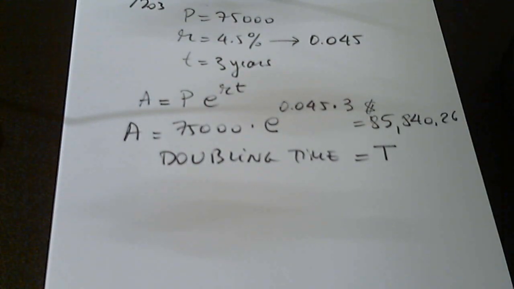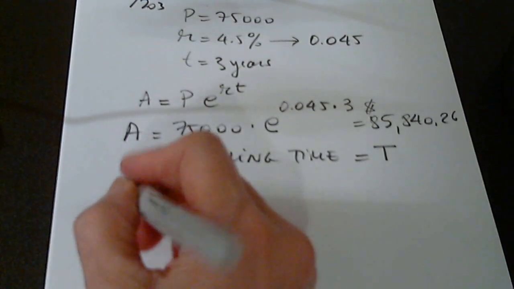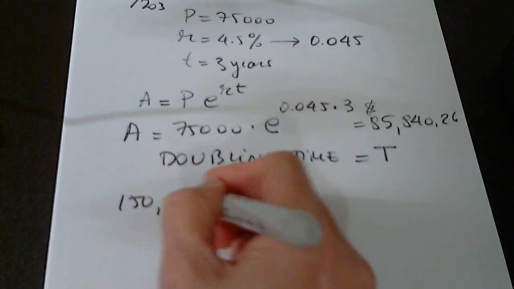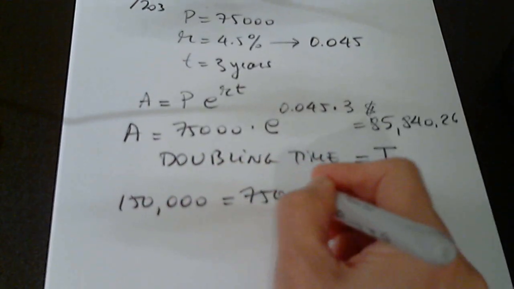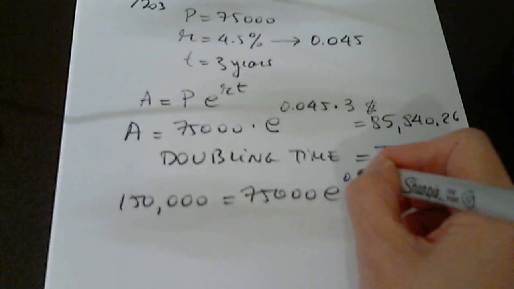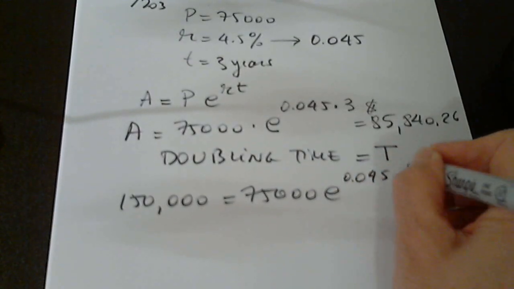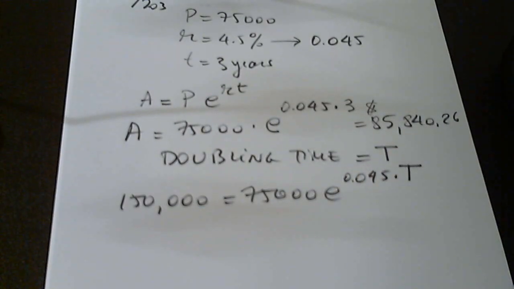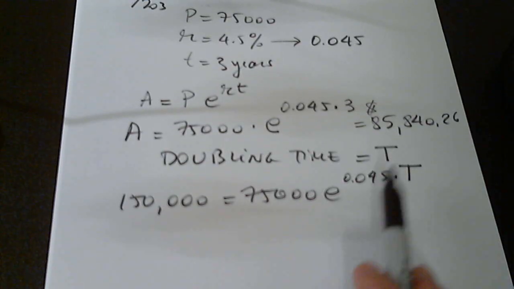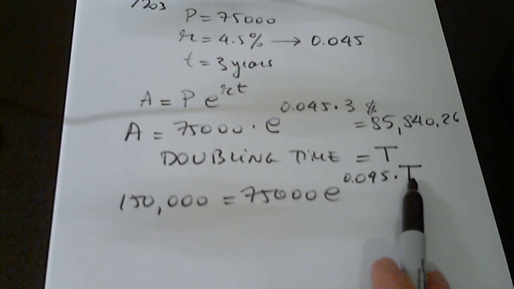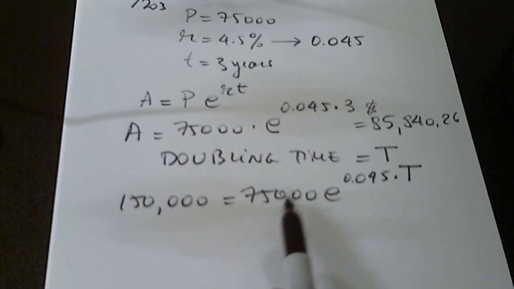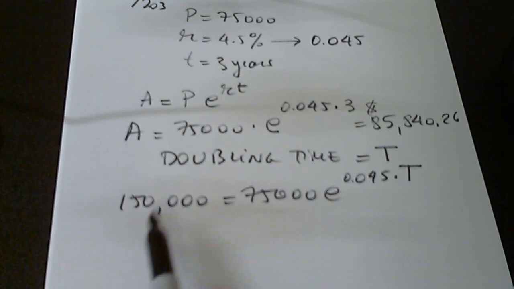Fine. So A is 150,000, and 150,000 equals 75,000 times e to the 0.045 times uppercase T. At this interest rate, they want us to determine how many years are needed for this investment to double.